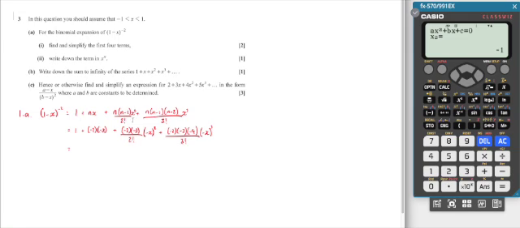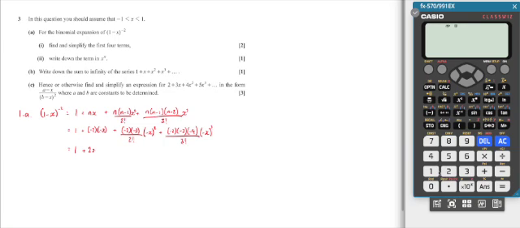Again, let's let the calculator do the heavy lifting, so I want to be in normal mode. And we have got 1, well that's dead easy, I can do that one, plus minus 2 times minus x, well that's plus 2x.